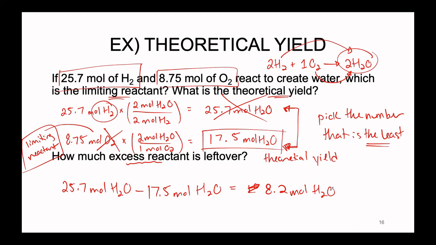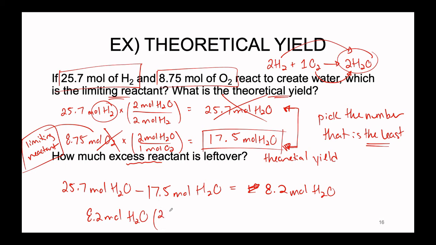So what we're going to do instead is take this 8.2 moles of water and calculate, according to this difference, how much hydrogen is still sitting around. If there's 8.2 moles of water uncreated, it's going to correspond to all of the hydrogen that's left over.